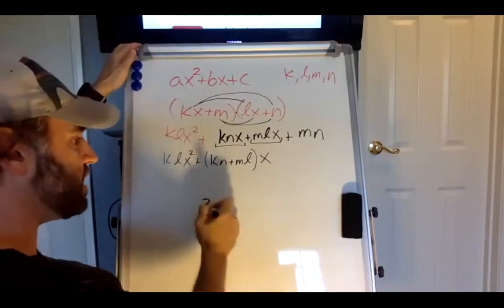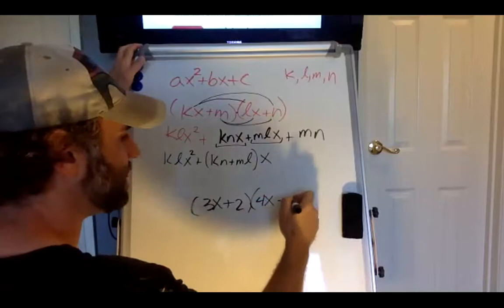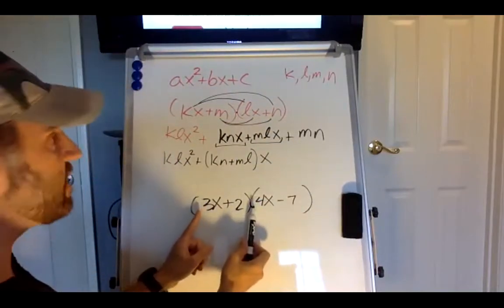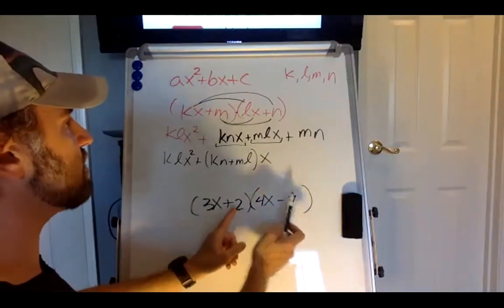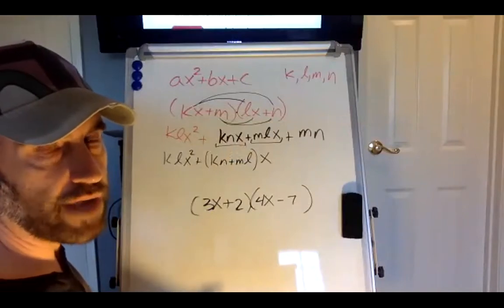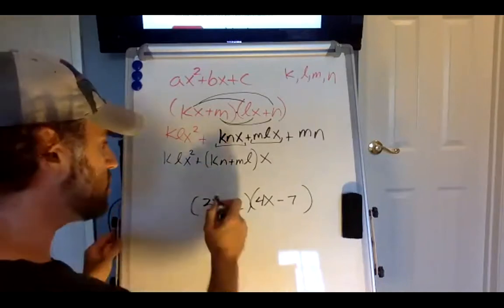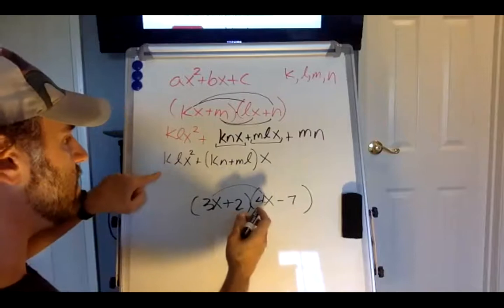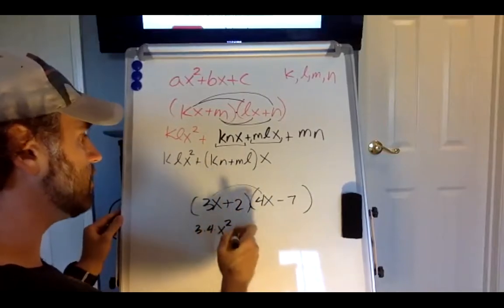So you can get 3x plus 2 times 4x minus 7. They're saying the 3 and the 4 here are the k and the l. The 2 and the negative 7 are the m and the n. It's just an example with numbers. When you multiply this, you get 3 times 4, the k times the l, times x squared.